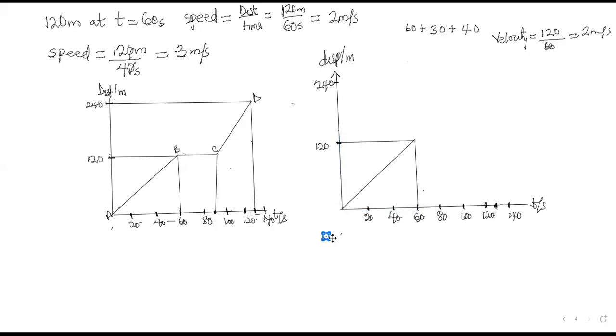Then Jill, after talking to her friend for 30 seconds, they talked, no motion, yes. So no displacement for 30 seconds.